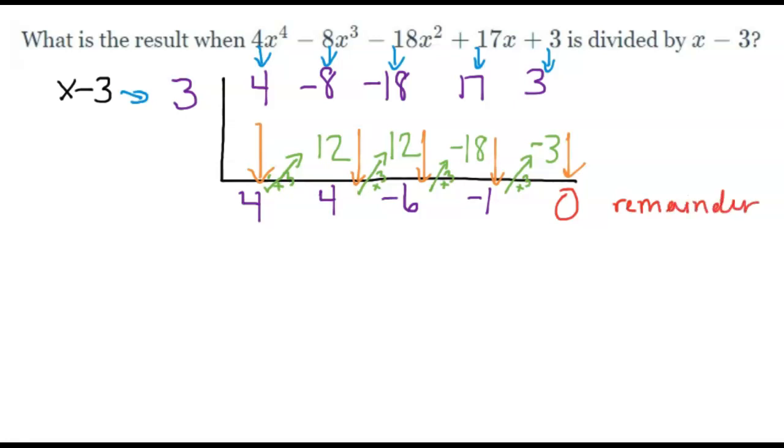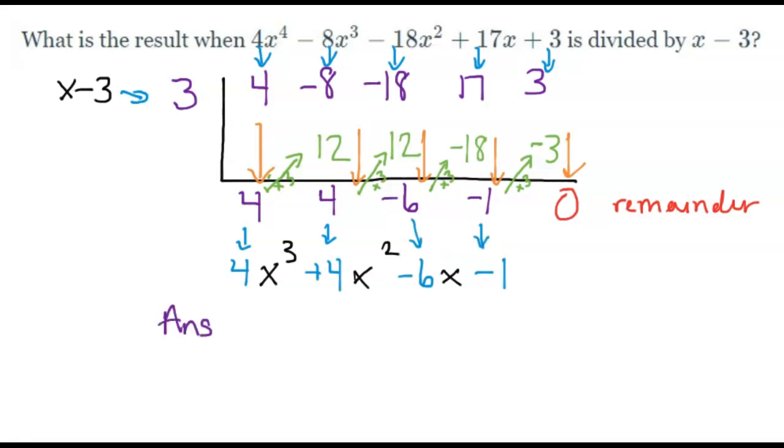And so again, since when we multiplied and added, the last number was a 0, that's fine. So we have no remainder, and then since this was a 4th degree polynomial and we're dividing it just by a 1st degree, we know it has to be a 3rd degree that's left. And so really what we're going to do is then just bring down the coefficients and go ahead and we get our solution.